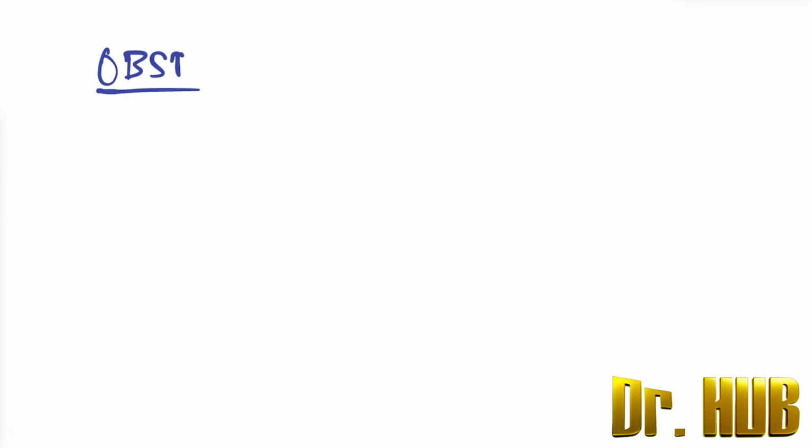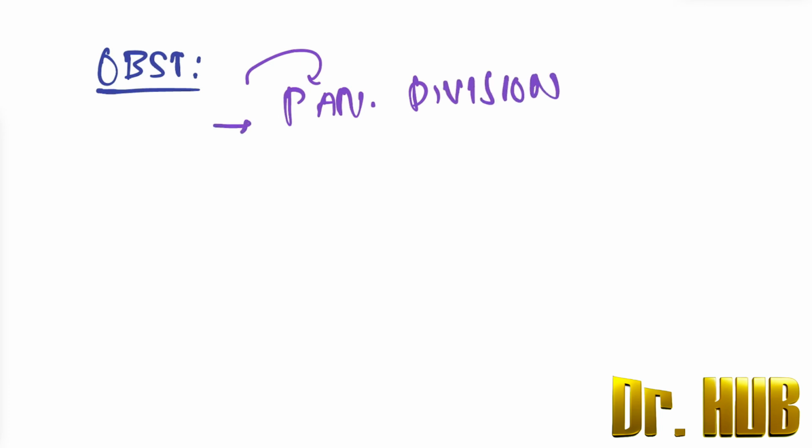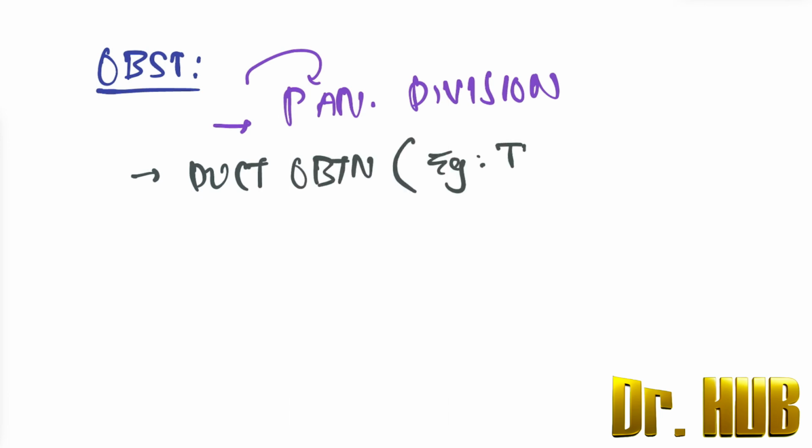Lastly, we are looking at obstructive. Under obstructive, there is pancreas divisum, and there is also duct obstruction, an example being a tumor.